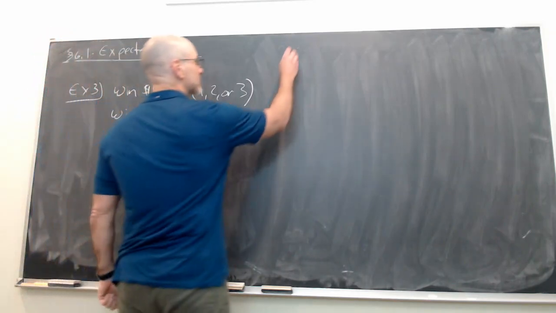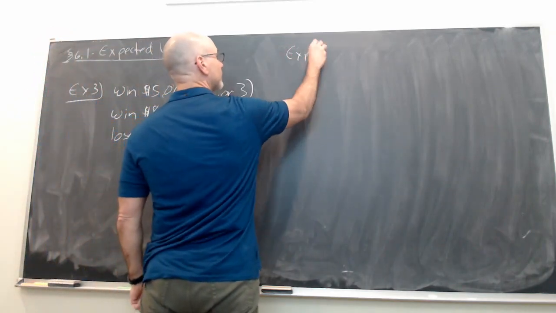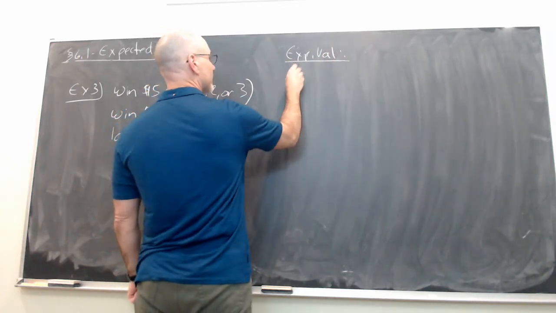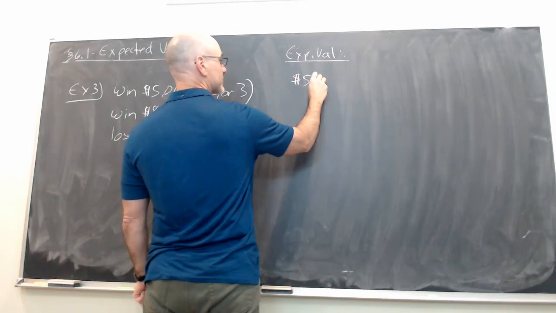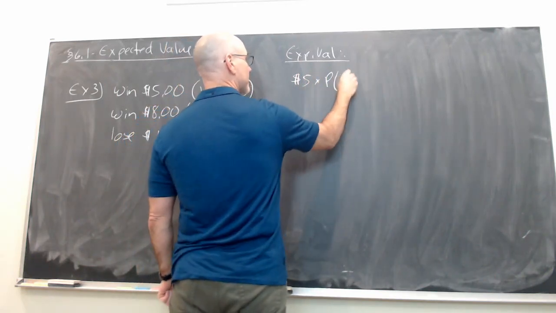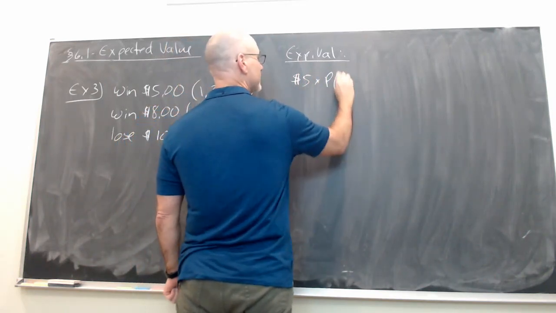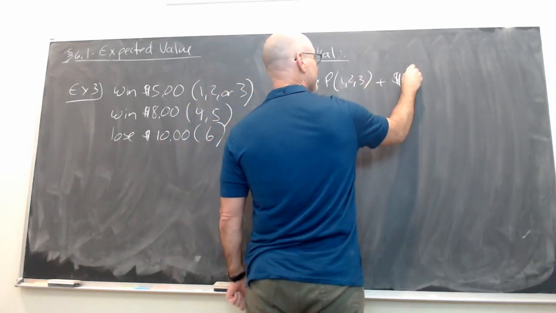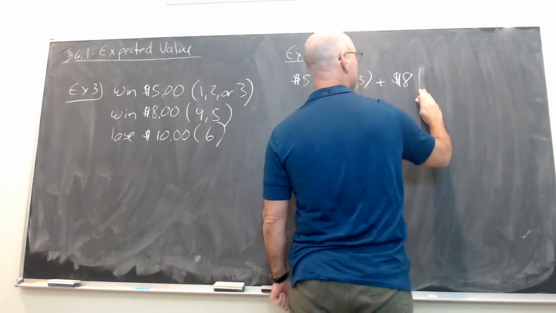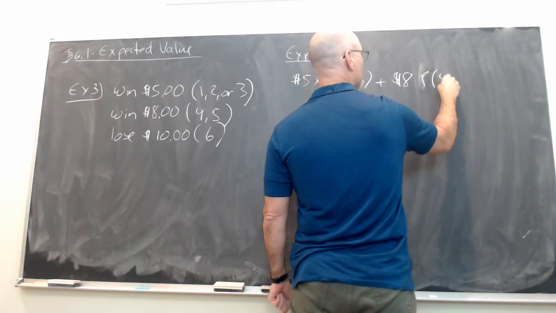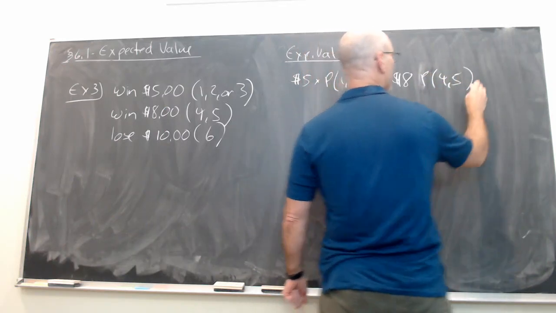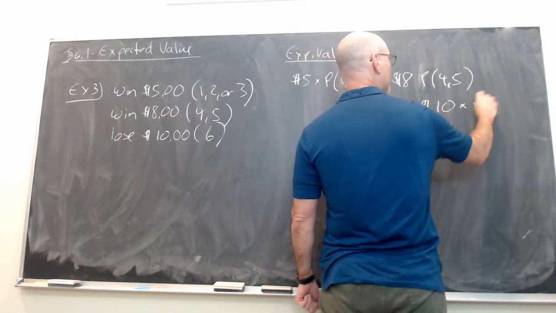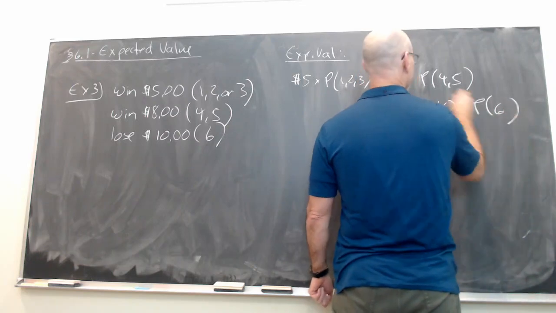So the expected value is going to be $5 times the probability of a 1, 2, or 3, plus $8 times the probability of 4 or 5 and then minus $10 times the probability of 6.